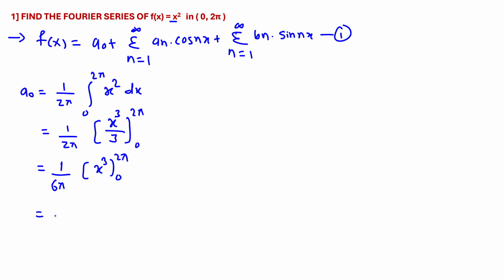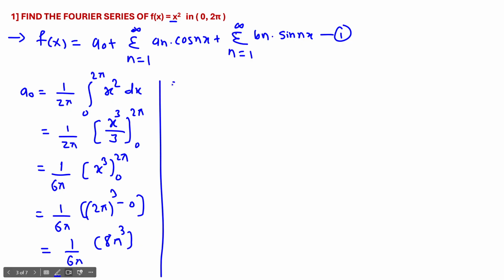Now 1/(6π). We know that 2π is the upper limit and 0 is the lower limit. So instead of x, initially you put the upper limit, so you will get (2π)³, minus the lower limit, which is 0. So a0 = 1/(6π), 2³ is 8, and π³. Now you just simplify this.